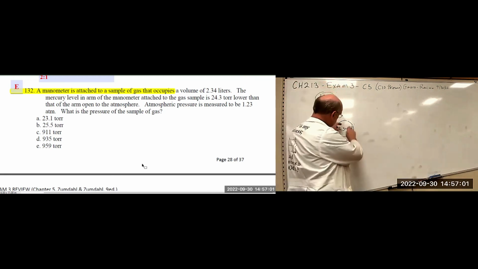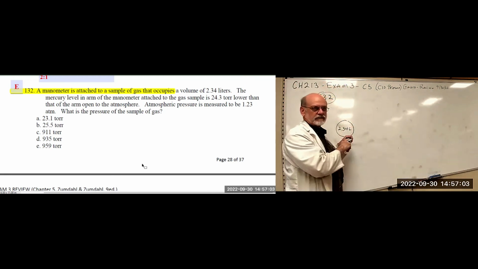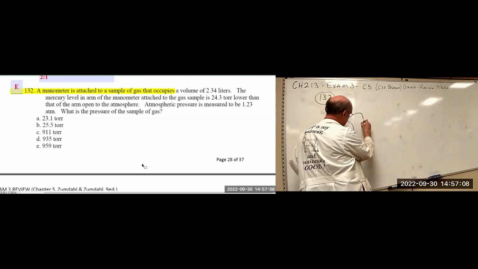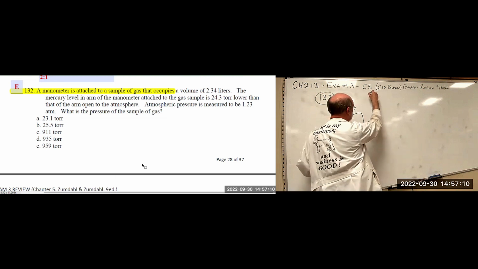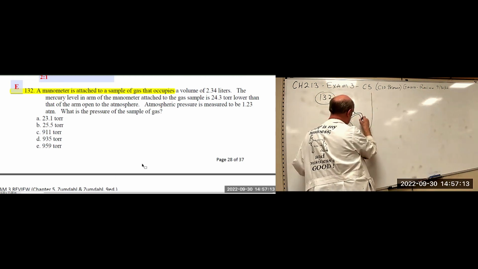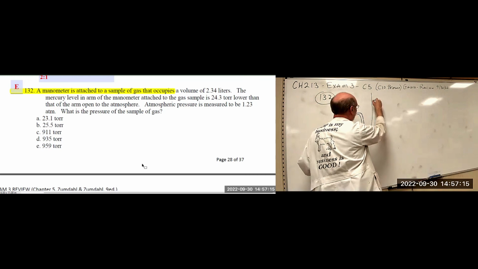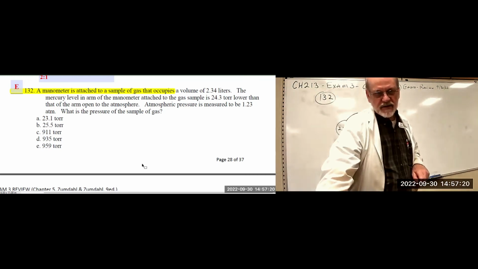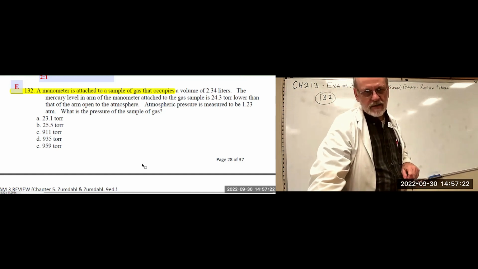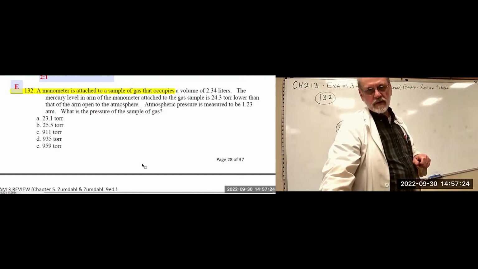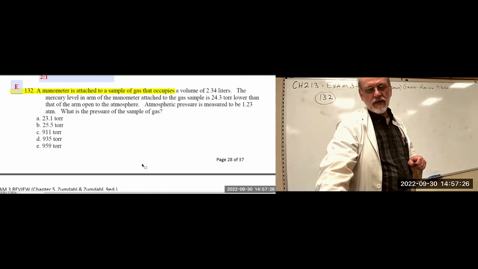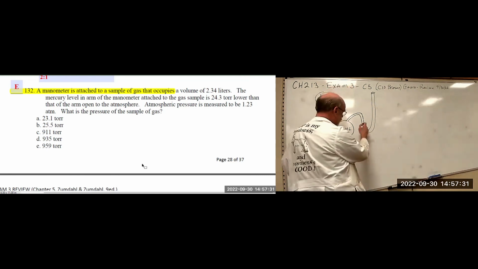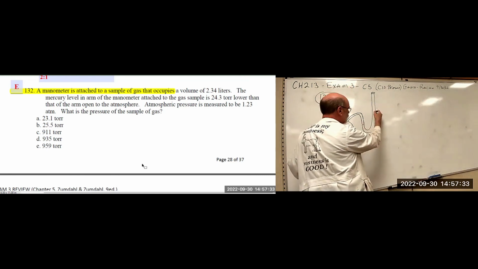A manometer measures the pressure inside that container. And the way it's going to look is like this. But it's open to the atmosphere, because it says the mercury level in the arm is 24.3 torr lower here than the arm that's open to the atmosphere.